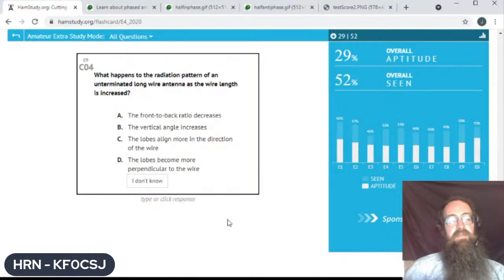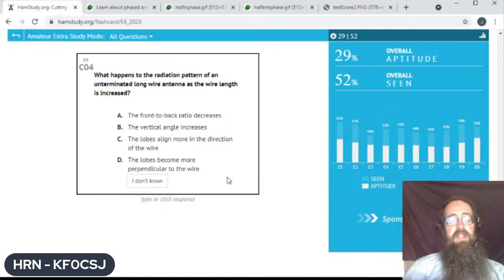So a long wire being lengthened, I believe will change the shape towards an end-fed half wave.